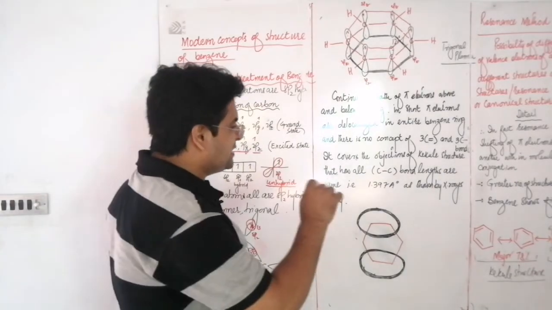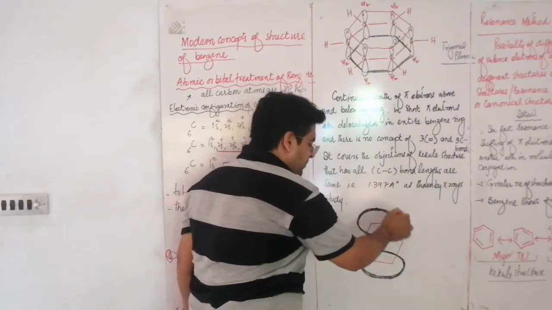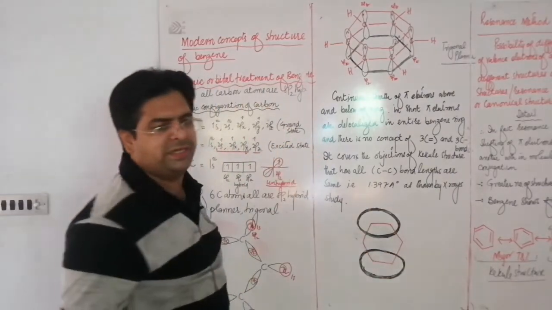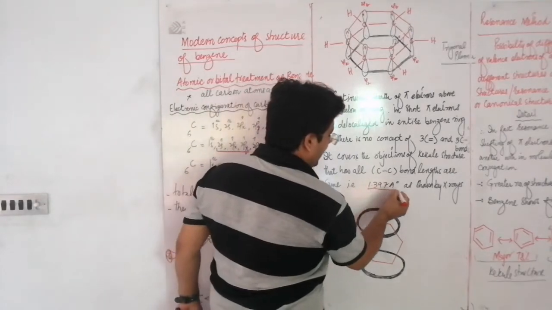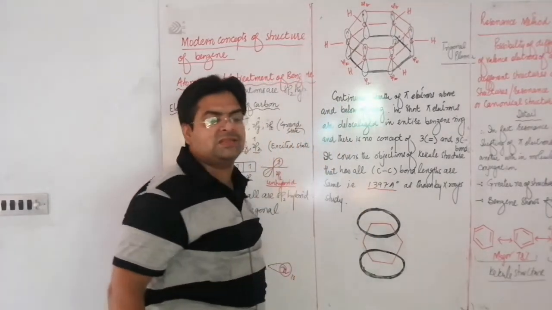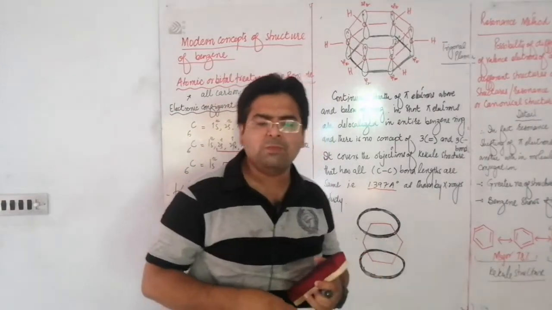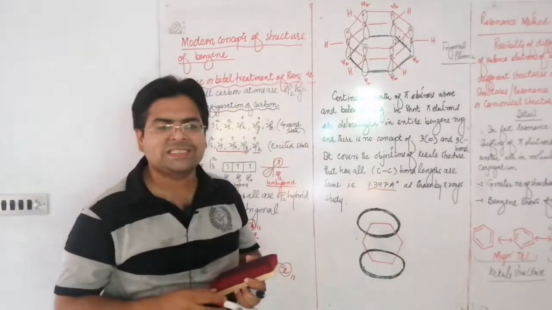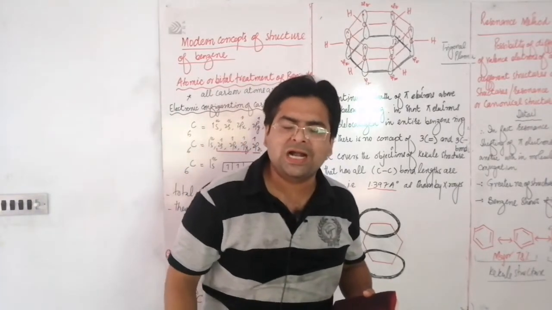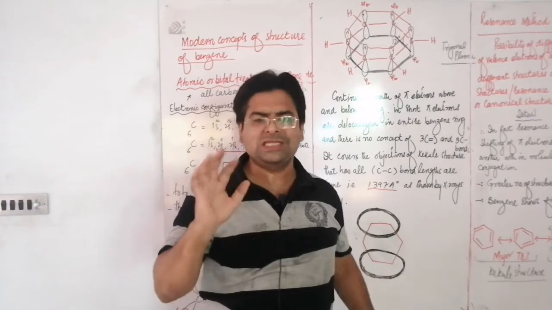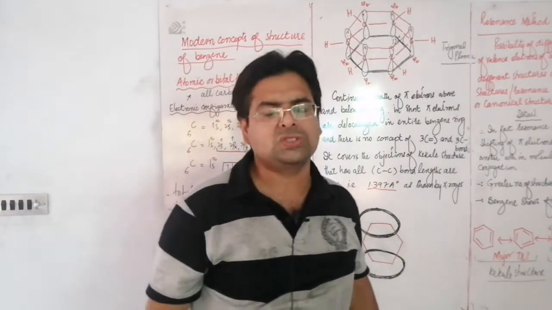As the sheath is continuous and spread in the entire ring, all carbon atoms are similar and the carbon-carbon bond length is the same, 1.397 angstrom, in between a single bond and a double bond. So this concept has covered the limitations of Kekulé's structure.